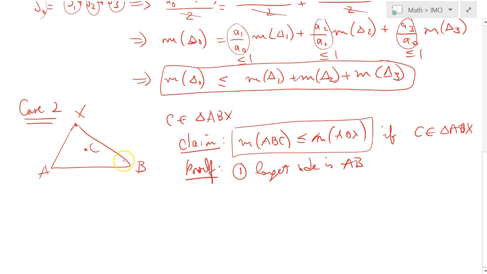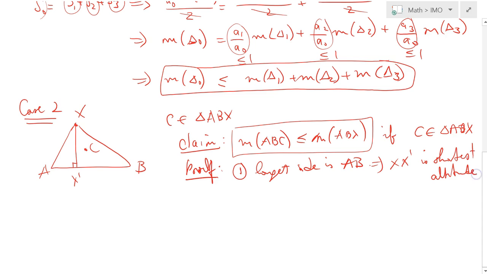If the longest side is AB, then in triangle ABX the shortest altitude would be X prime. So if the longest side is AB, this implies X prime is the shortest altitude.